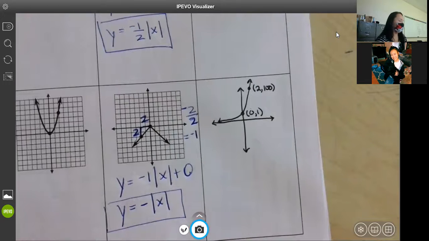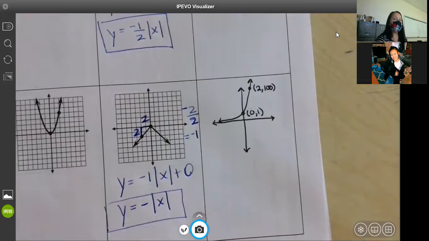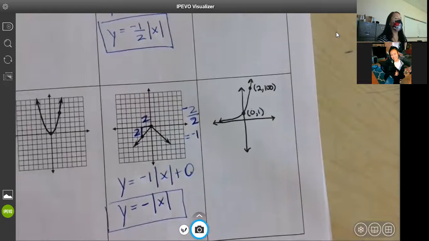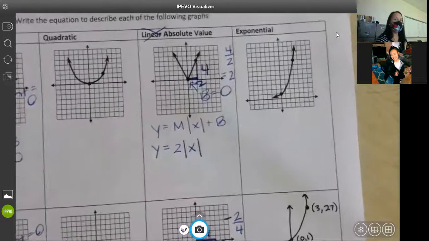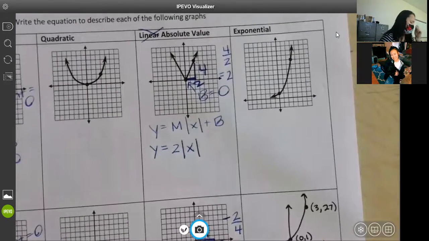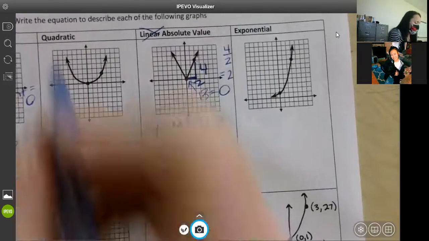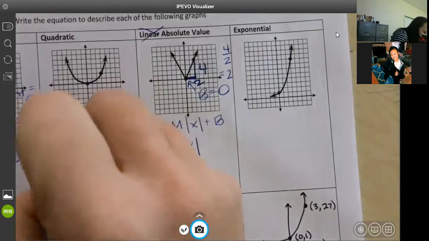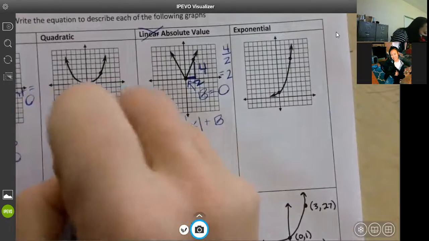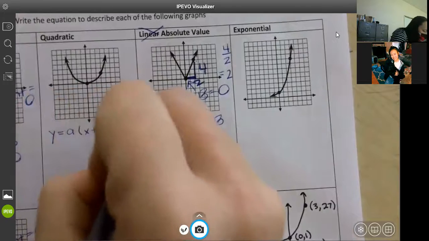All right. So then quadratic. Here's your quadratic equation. Okay.